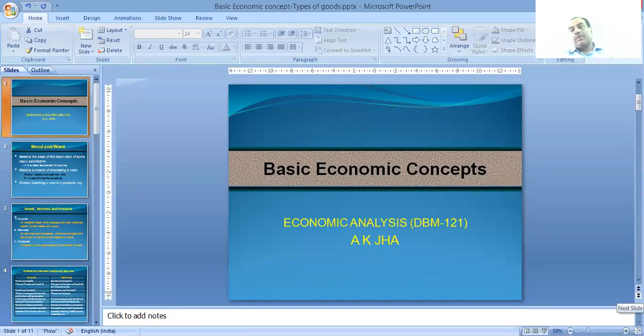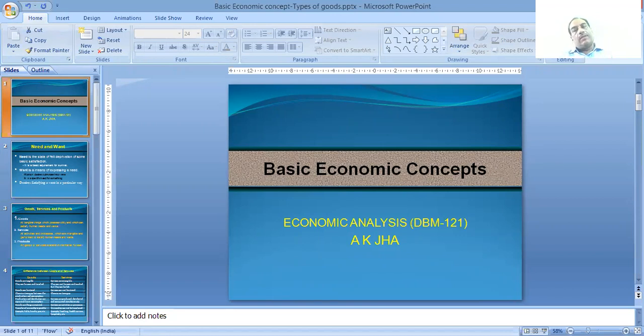We have already discussed in the previous class that at one end there are needs and wants, and then the ultimate is satisfaction, and in between we need to keep on making efforts to satisfy our different needs and wants.